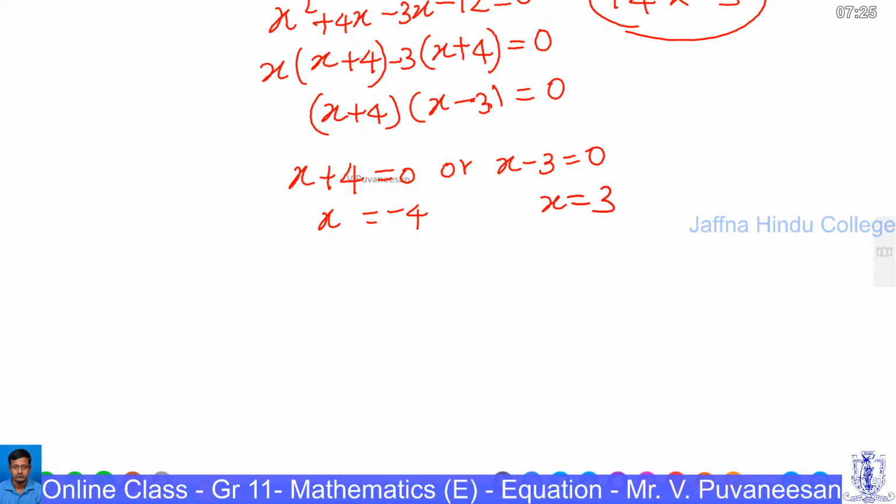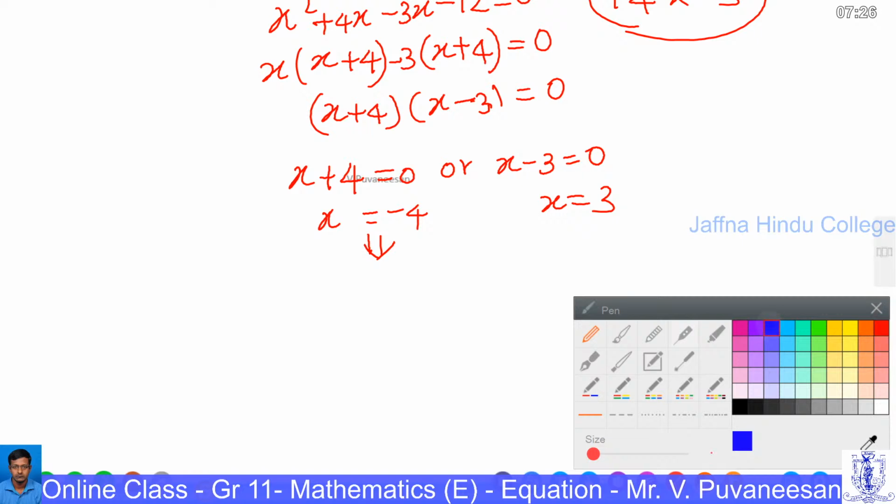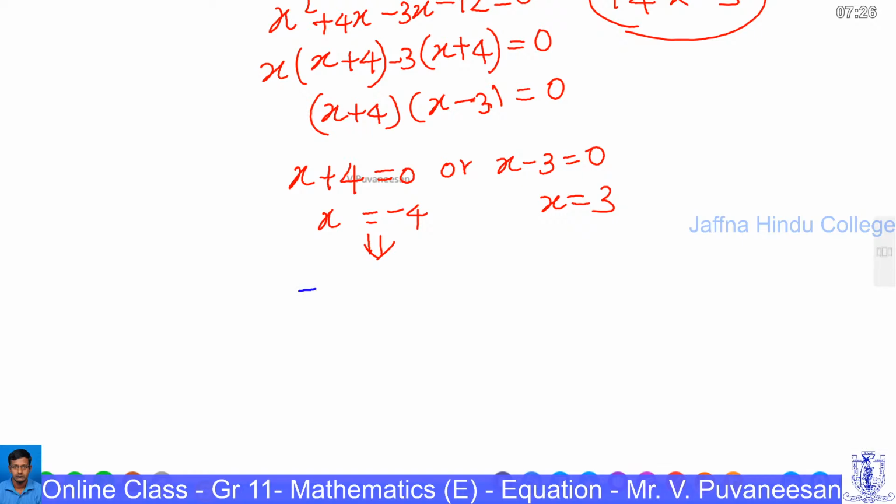There are two answers for x, minus 4 and 3. The question is, the product of two consecutive integers is 12. Find the two numbers. If we consider x is equal to minus 4, one number is minus 4.